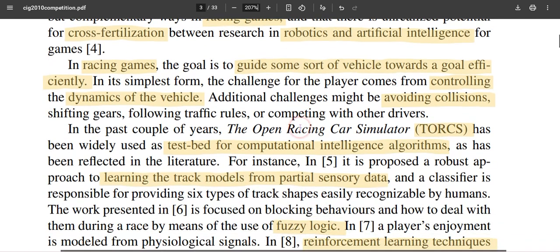In this paper they have used an open source car racing simulator called TORCS to test their algorithms related to computational intelligence.